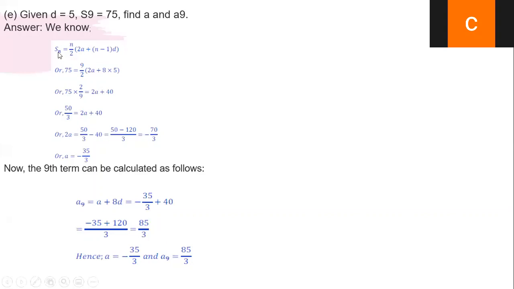Sum of the first n terms they gave. N value is 9 and Sn is equal to 75. Apply that value, children, first. Sn value they gave is 75. In that S9, they said it is 9 by 2. N value is 9 and Sn value is 75.